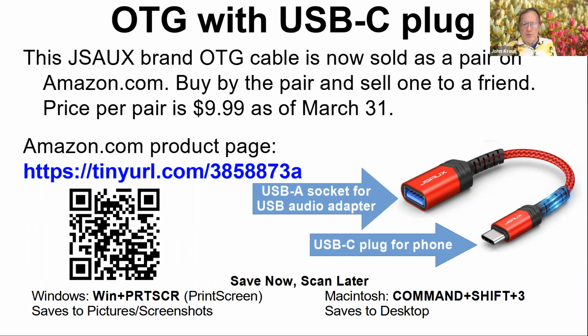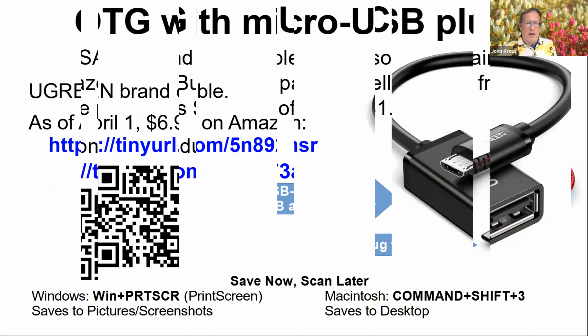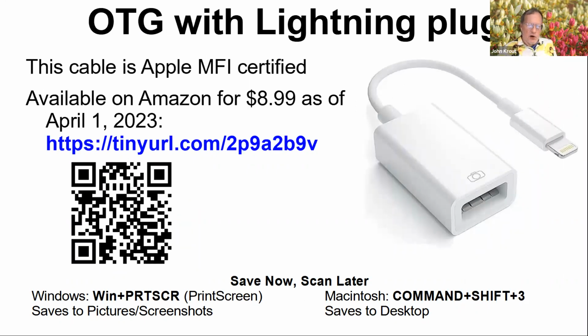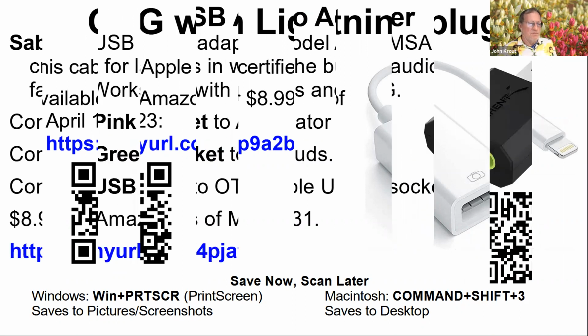Apple has agreed with the European Union to start using USB-C connectors instead of Lightning on their iPhones. So it's not this year, but I think the next time that an iPhone is released, you'll find it has a USB-C plug on it. It turns out iPads already have them. Here's the cable for older Android phones with a micro USB socket or plug on it. Here's the one for current iPhones with a Lightning plug on it. You can save this page too.